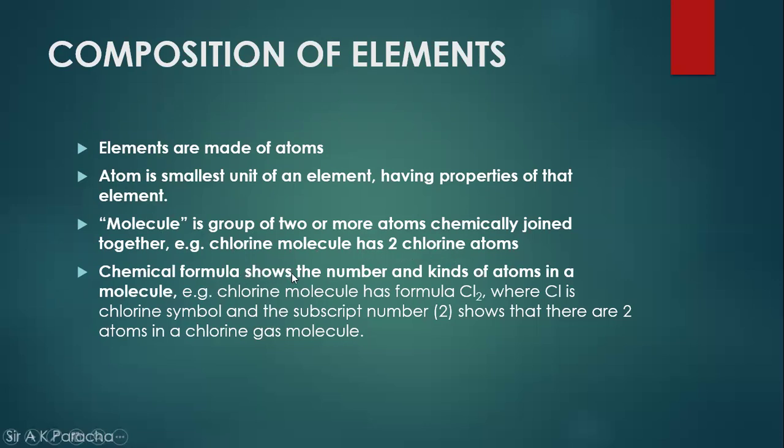A chemical formula shows the number and kind of atoms in a molecule. The chlorine molecule has the formula Cl2, where Cl is the symbol and the subscript 2 shows the number of chlorine atoms. This is the basic knowledge that you must have.